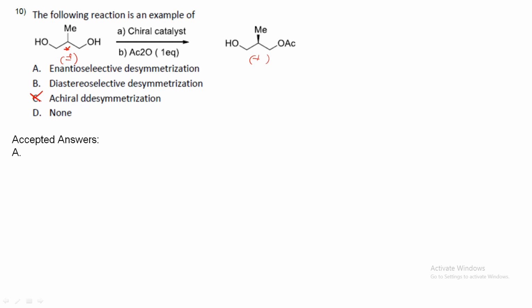Because here, if no chiral catalyst is there, we only do this acetic anhydride treatment. I think the product would be this, and ethyl below is hydrogen.